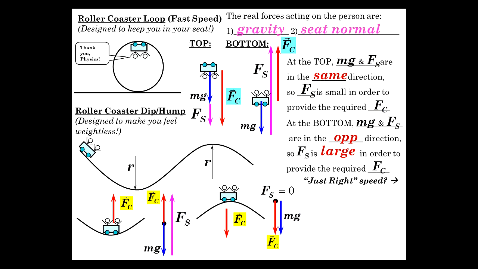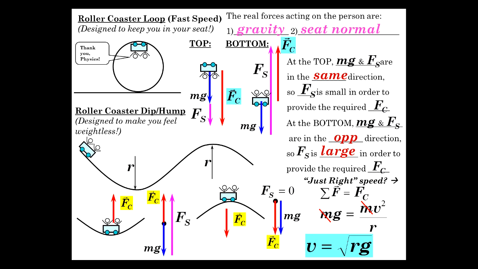The just right speed? What is the just right speed? It's easy to calculate because the sum of the forces is Fc. And the sum of those forces is mg. So mg is mv squared over r. The m's go away. And so we have the just right speed.